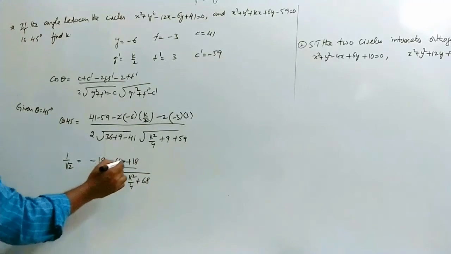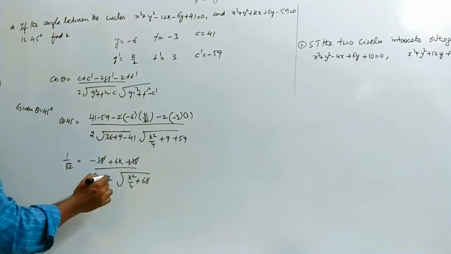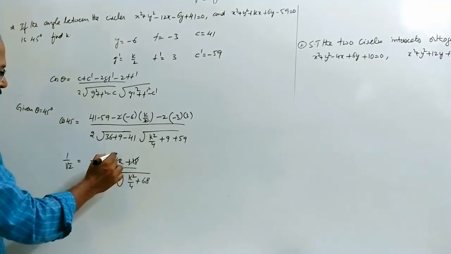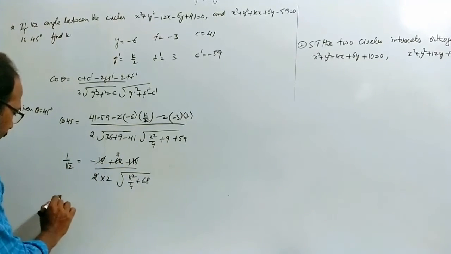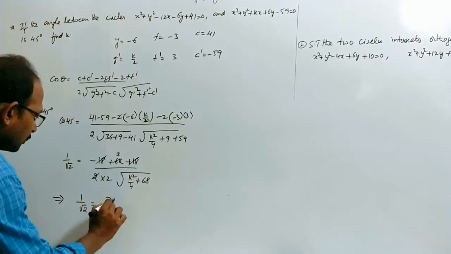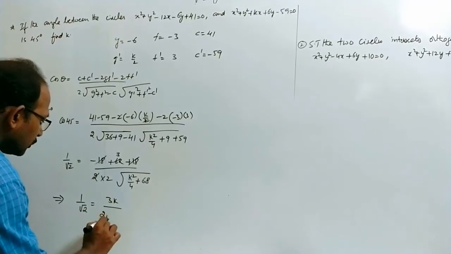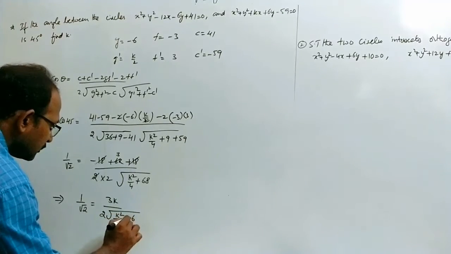Here plus 18 minus 18 cancelled, and 2 1s are 2, 3s are, therefore 3k, that implies 1 by root 2 is equal to 3k by 2 into root of k square by 4 plus 68.